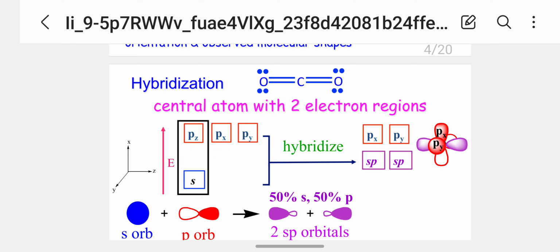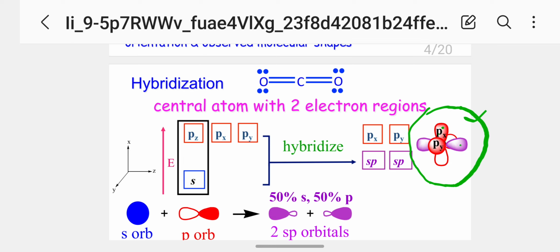And the situation arises likewise that the atomic structure of carbon dioxide will be likewise. You can see in the diagrammatic representation here we have Px, Py respectively.